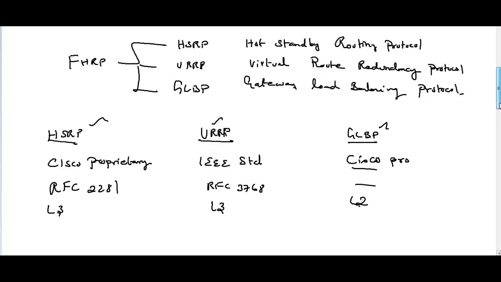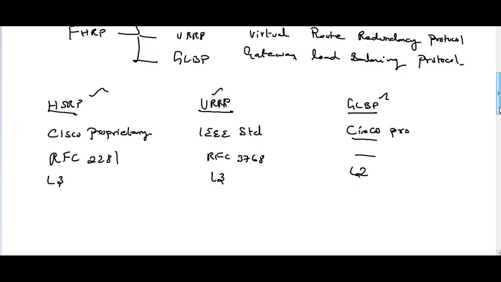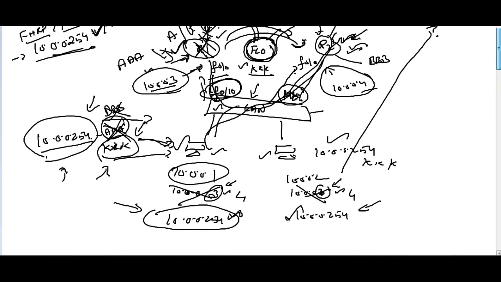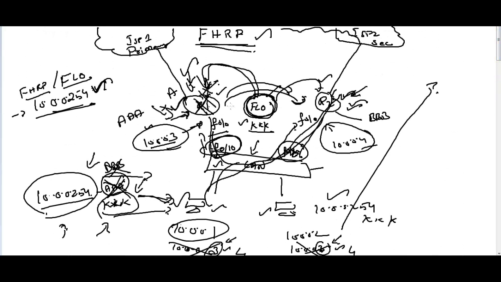Now you are going to see the major difference between HSRP and GLBP. Why has Cisco got two protocols doing the same job? If you use HSRP, one will be active device, the other will be standby. So there is no load balancing. There will be only one active, either R1 or R2, it cannot be both.